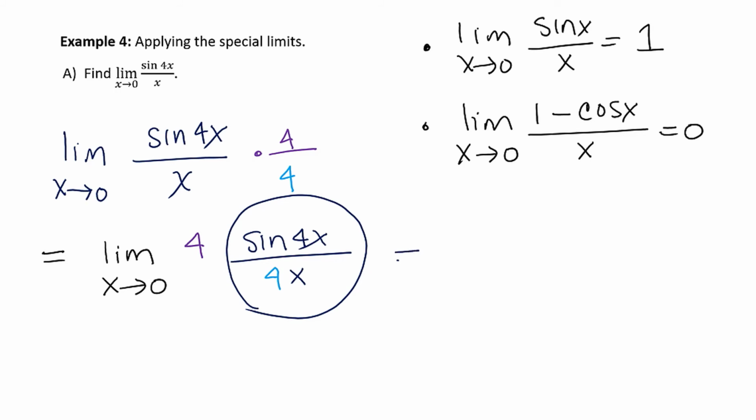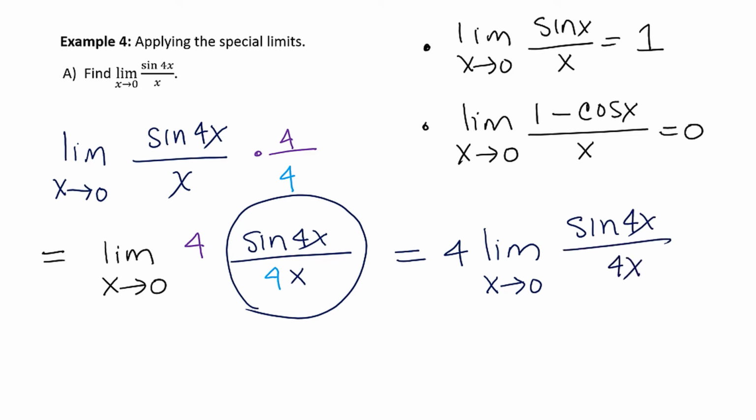We would write this as 4 times the limit as x approaches 0 of sine of 4x divided by 4x, and the limit as x approaches 0 of the sine of 4x divided by 4x is exactly the limit as x approaches 0 of sine of x over x. Therefore, the limit is equal to 4 times 1, which is equal to 4. The limit as x approaches 0 of sine of 4x over x is equal to 4.